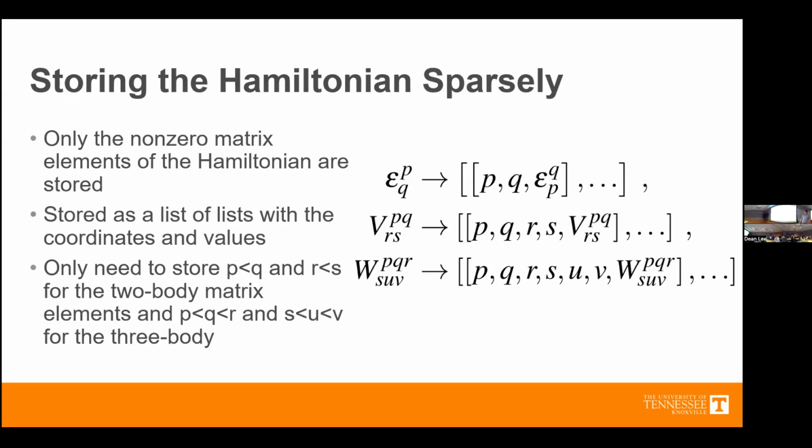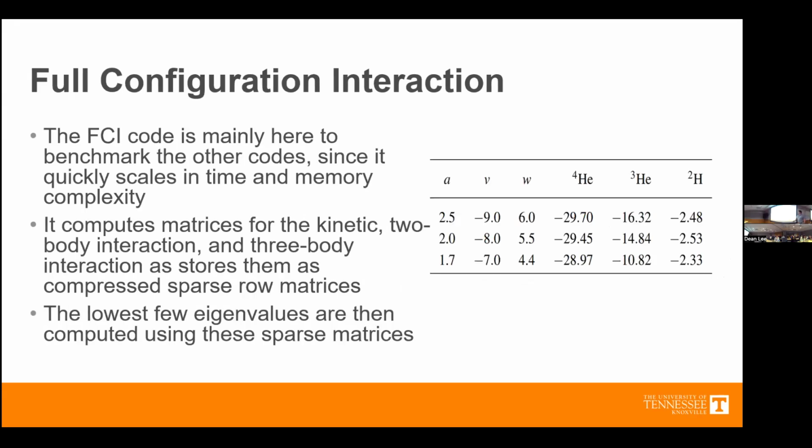So essentially, we store lists of indexes and values instead of the whole thing, and work with that in order to save this space. Because of this, we can also use symmetry to only store ordered states with, say, for the two-body, P less than Q and R less than S.